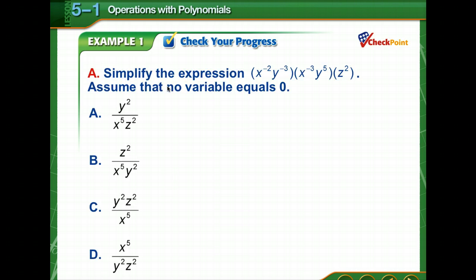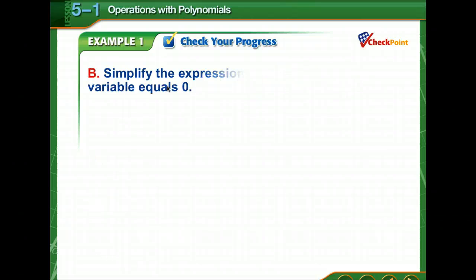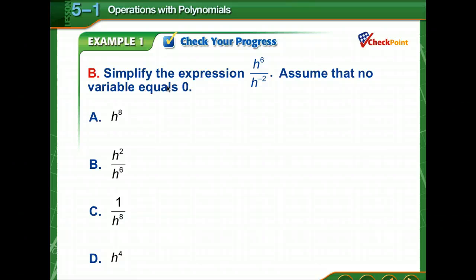Okay, time for you to check your progress. So pause for a moment, come back and check your answer. Did you get y squared, z squared over x to the 5th? If so, very good. Okay, time to check this one.